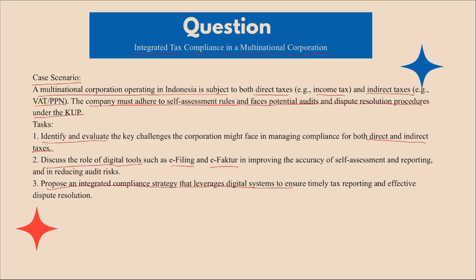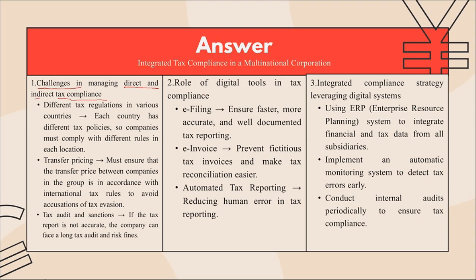The first section is the challenges for task number 1. We can see right here there are 3 points. The first point is different tax regulations in various countries, which means each country has different tax policies, so companies must comply with different rules in each location.